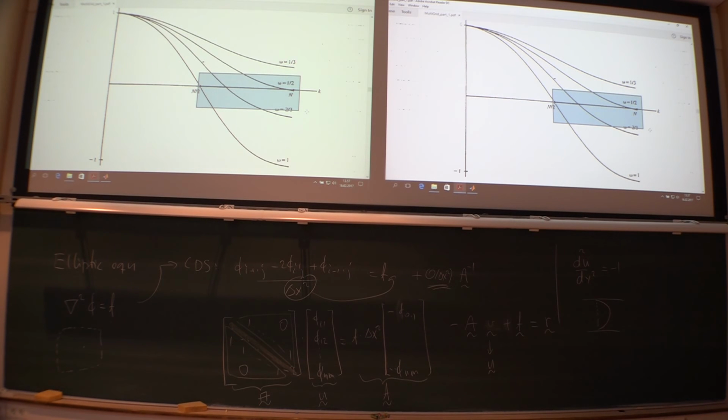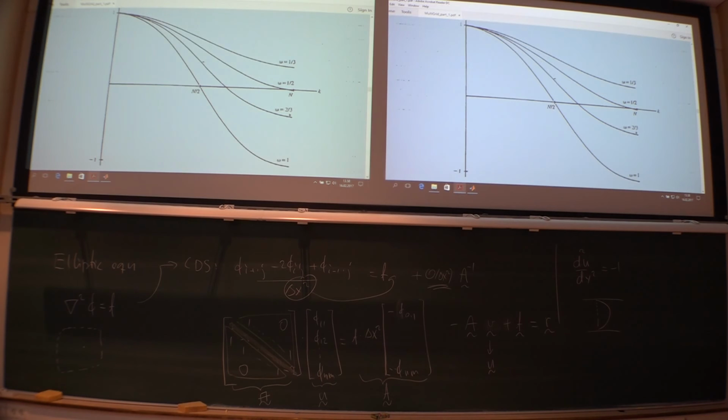Omega 1/2 looks promising, but it is very promising only for the very high frequency. For the lower or medium frequency, it is not that efficient anymore. So omega 2/3 has been chosen as a very good average, covering the interesting part of the frequency spectrum where we want to have the error reduced.